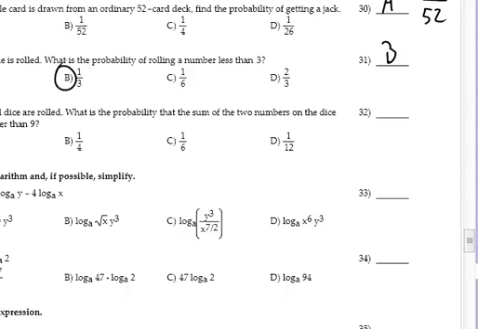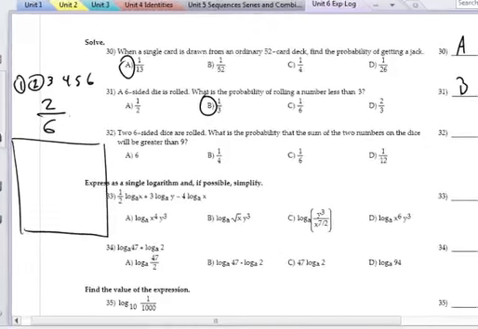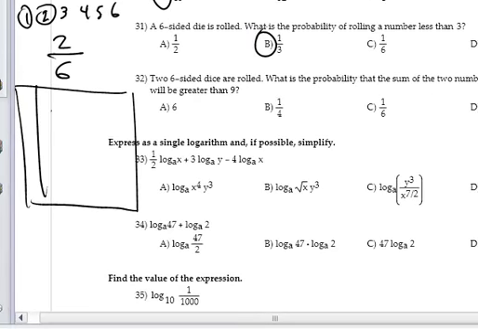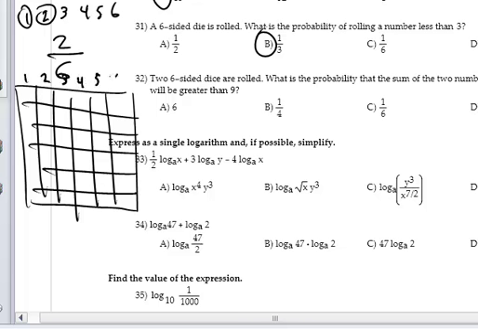Two 6-sided dice are rolled. What's the probability that the sum of the numbers will be greater than 9? In this case, you have to draw a box which has all the possibilities. So I'm just going to do a summing table of all the dice that could be rolled: 1, 2, 3, 4, 5, 6, and in each box I'll put the sum.